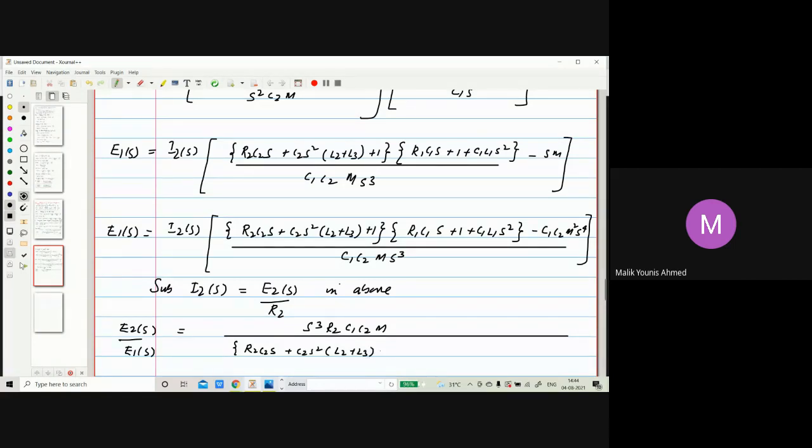I'm not changing anything here. No need to multiply. Multiply करने की कोई जरूरत नहीं है. So in a conventional exam, you need to just write the answer. So that will be R1 C1 s plus C1 L1 s square, and the multiplication of these two is subtracted from this term, C1 C2 m square s4. Fine.